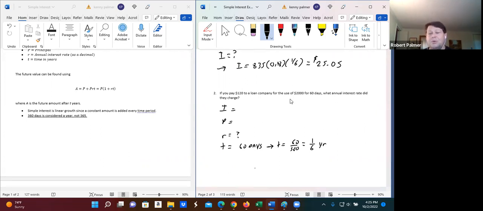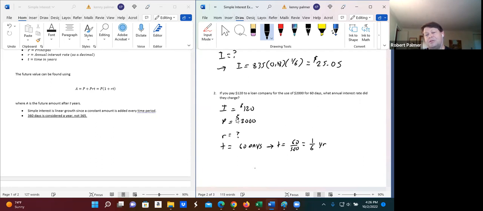So we can think of the $2,000 as your principal. That's what you get loaned. Of course, you also have to pay back the loan amount, but what you're paying them to be able to get this loan is $120. So the interest is 120, and the principal is 2,000.